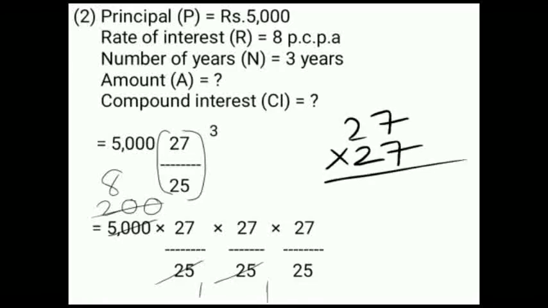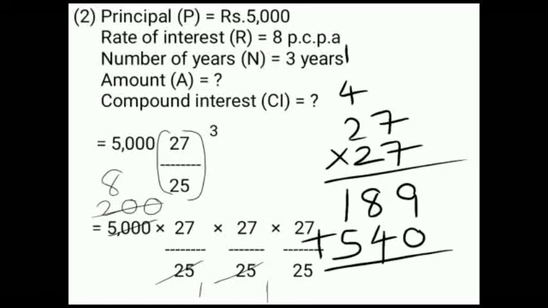Seven sevens are 49. 7 twos are 14, 14 plus 4, 18. 2 sevens are 14. 2 twos are 4, 4 plus 1, 5.